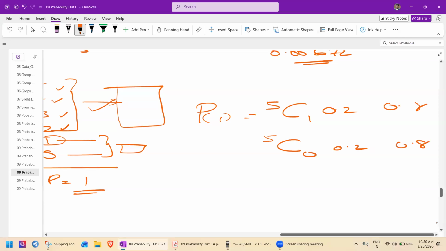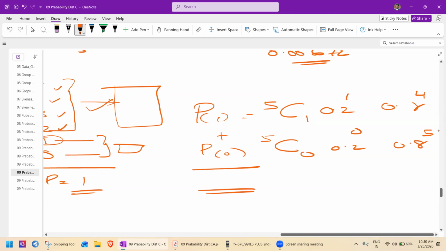Here r equals 1, here r equals 0, and 5 minus 1 equals 4, here 5 minus 0 equals 5. Then this is probability 0. Then if we add this together, we can find the probability of these two. Let us work on this.